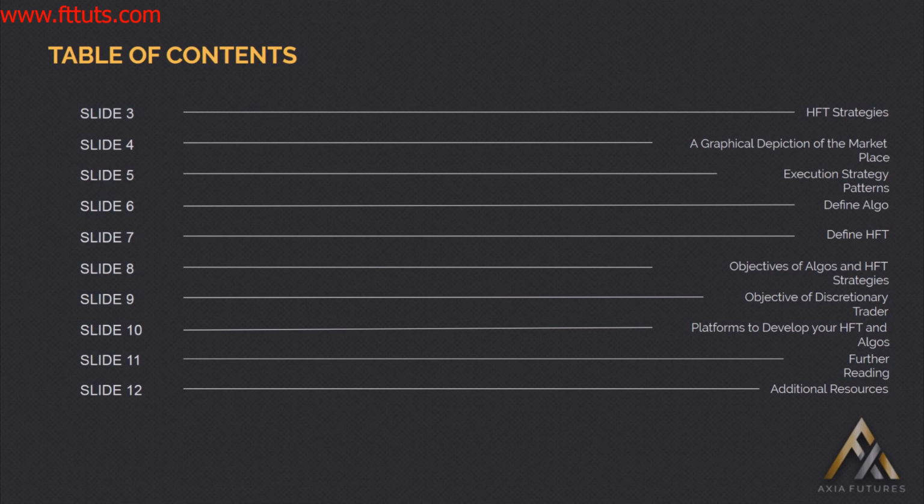It's not the purpose of this course, but for any of you who are interested to really broaden your understanding of this space in algorithms and high frequency trading systems, we show you a platform. Slide 10, we talk about further reading that you can really explore, and then slide 11, we give you some key additional resources if you want to expand your horizon in the space of algorithms and high frequency trading.